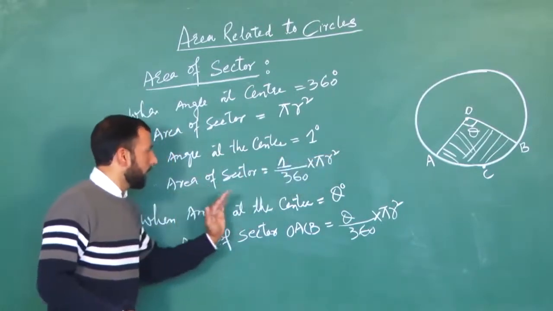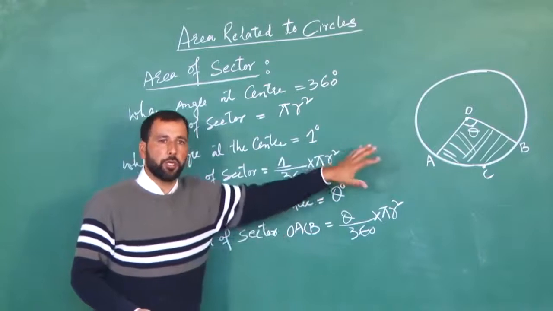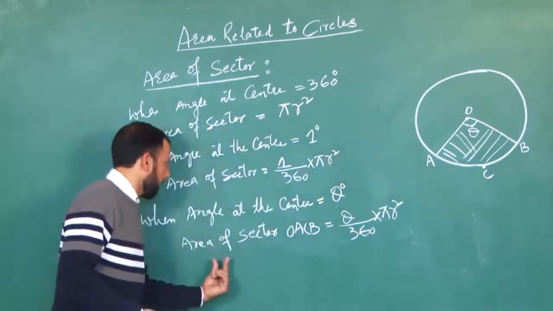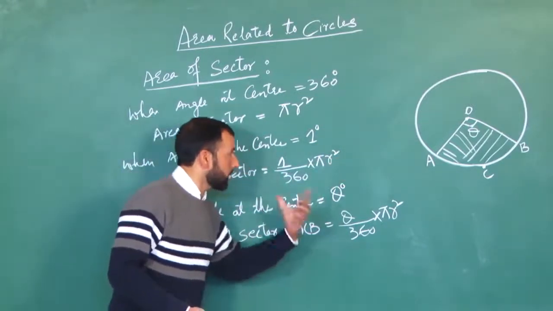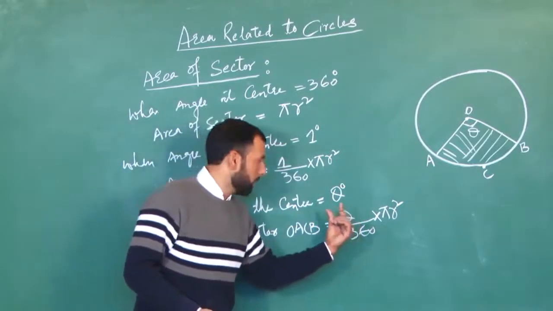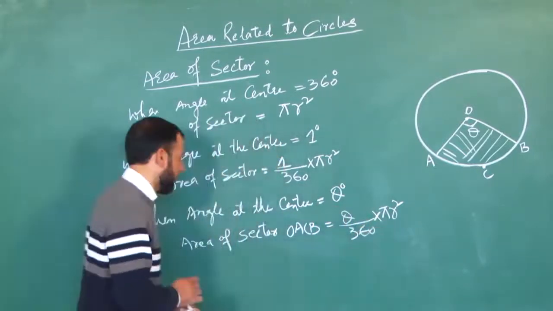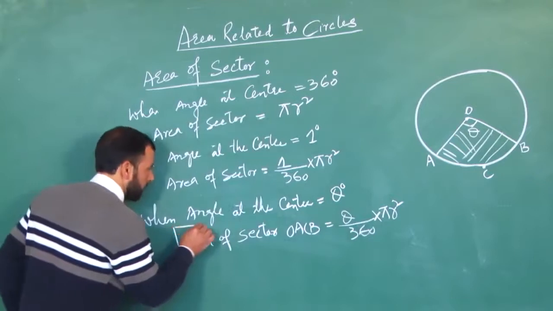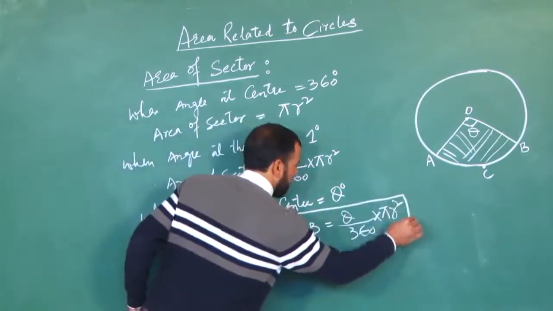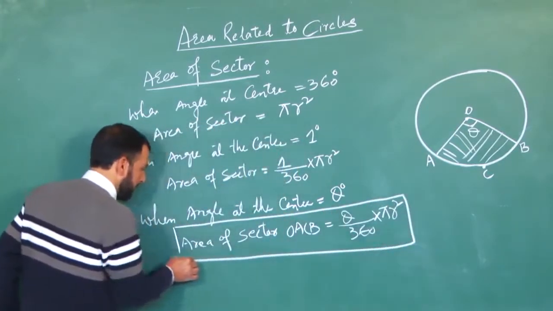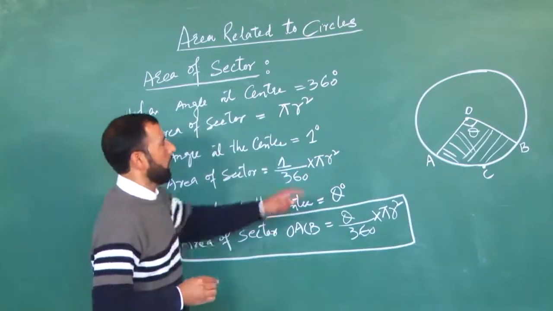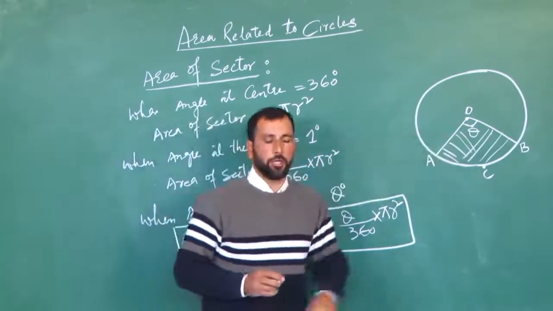Similarly, when the angle at the center is theta degrees in general, the area of sector OACB is theta divided by 360 times pi r squared. This is the formula for finding the area of a sector when the angle is theta degrees.